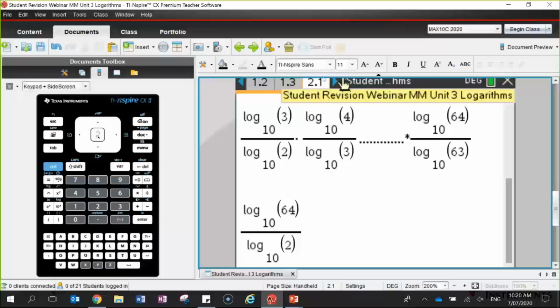Now, I'm going to use a calculator page here just to make it a little bit easier because I've forgotten that 64 is 2 to the power of 6. But because I've remembered my log laws here, I've simplified it down.